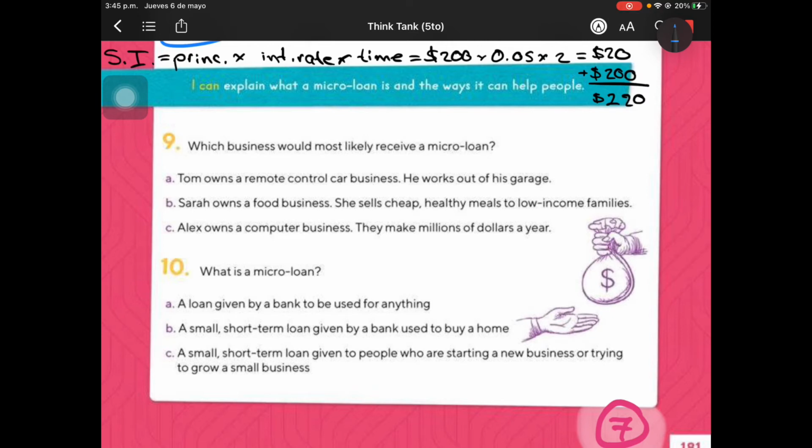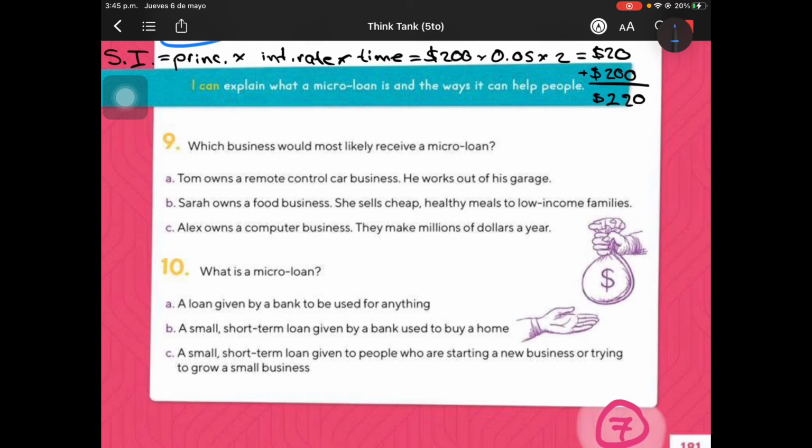Now, some of the people that have it a little bit easier to get these microloans are women. Remember that this is more to support women, because most of the responsibility to take care of the child in the houses still remains on women. So it's a little bit easier for women to make these businesses if they have access to a microloan.